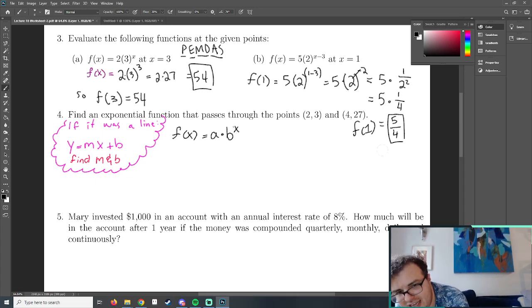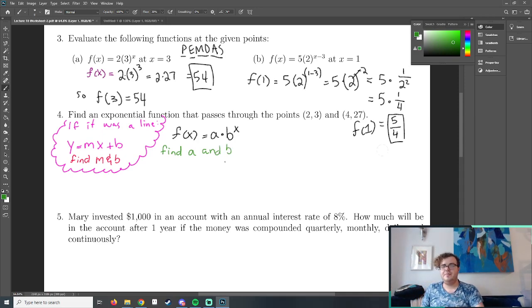Now, f of x and x are just our output and input variables, right? So what we need to do is find a and b. Because we're new to working with exponentials, this might be a little bit daunting, but there are tricks we can use.